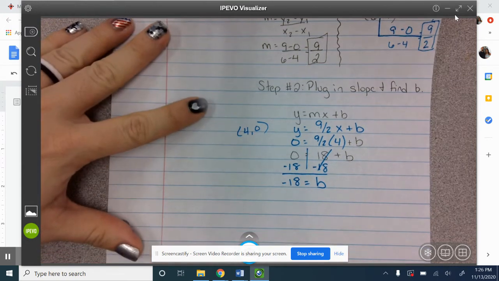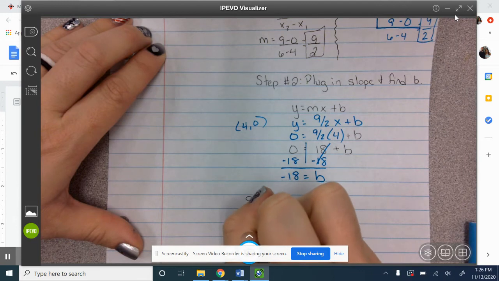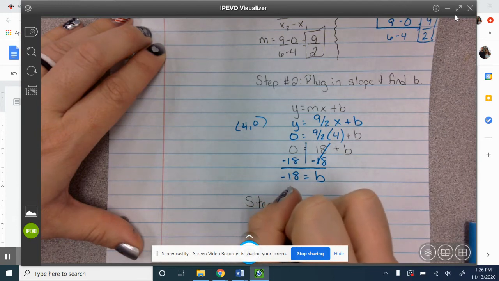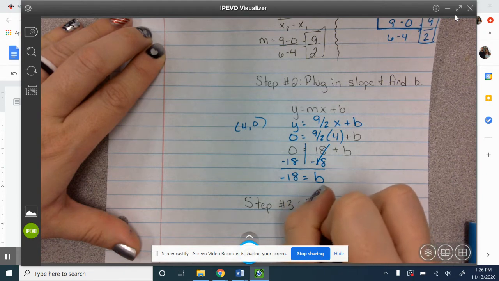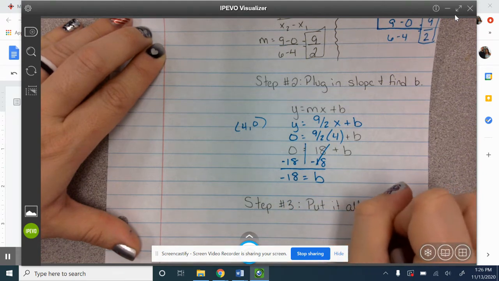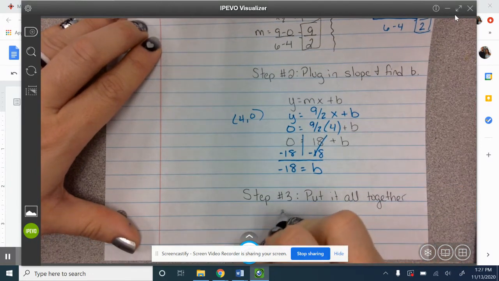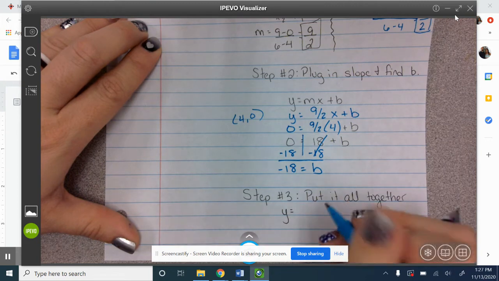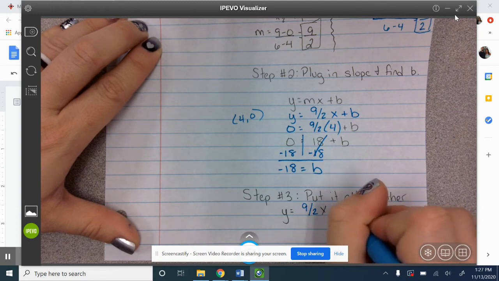So after you have found your slope and you have found your b, step 3 is to put it all together. When I put it all together, I'm going to have y equals, my slope was 9 over 2, x, and my b was negative 18.